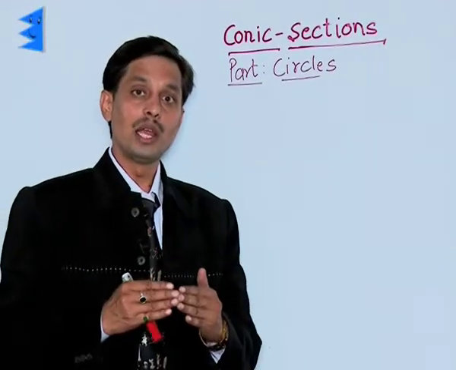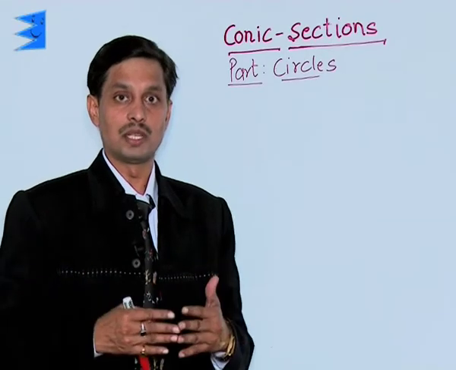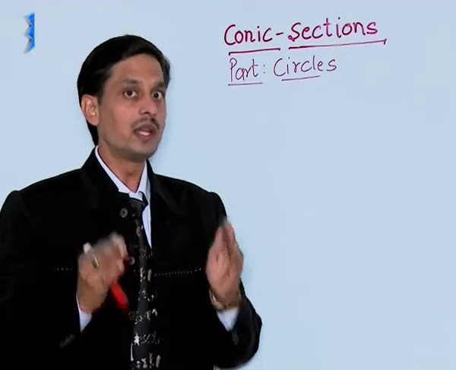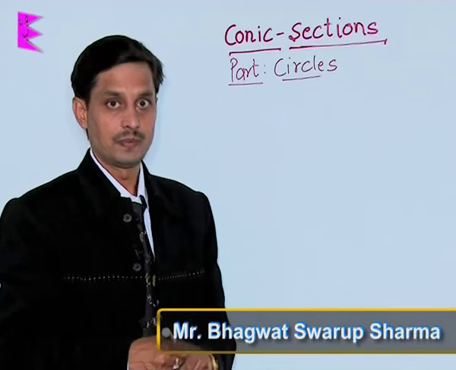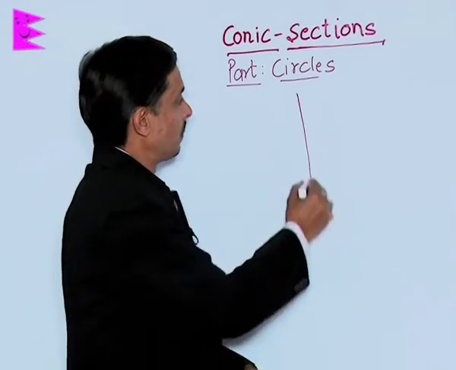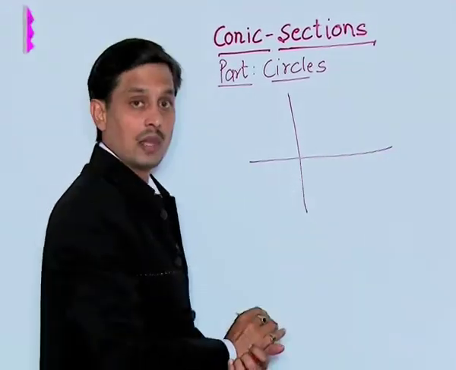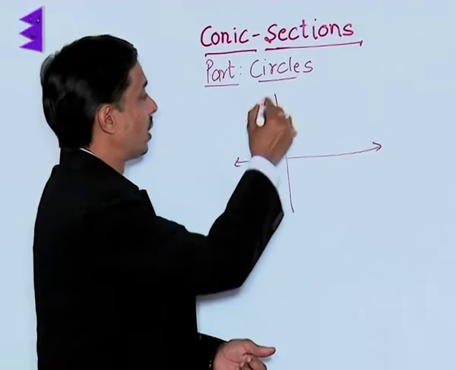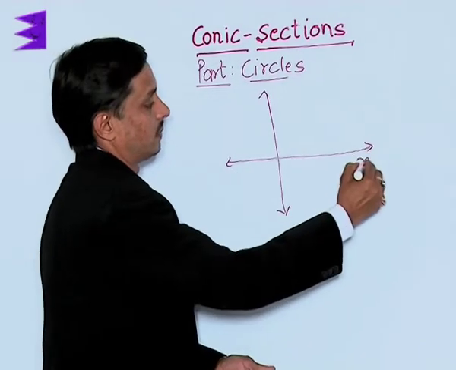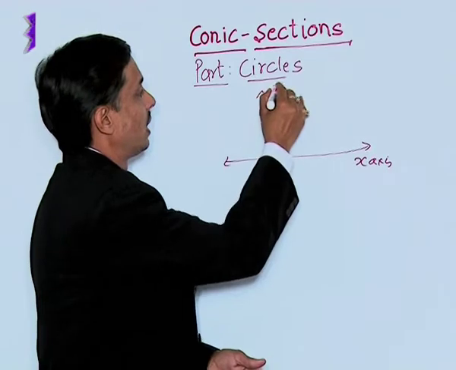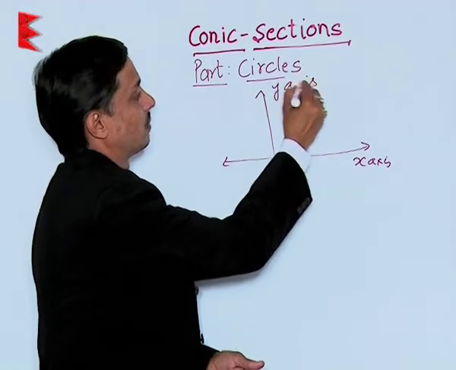Now I want to tell you how to find the equation of the circle if it is touching the x axis. Be with me and try to understand. This horizontal one is the x axis and the vertical one is the y axis.